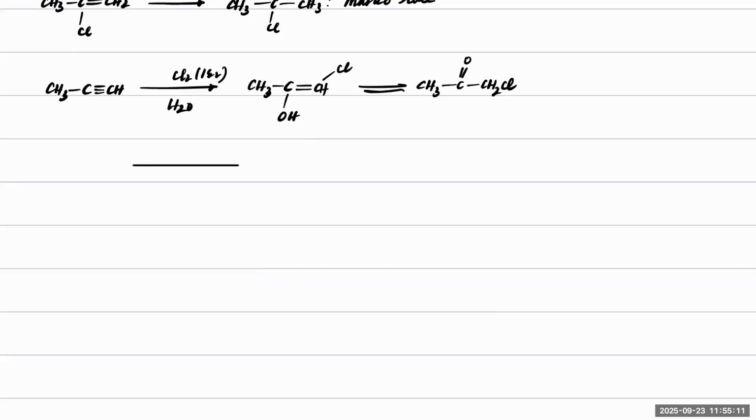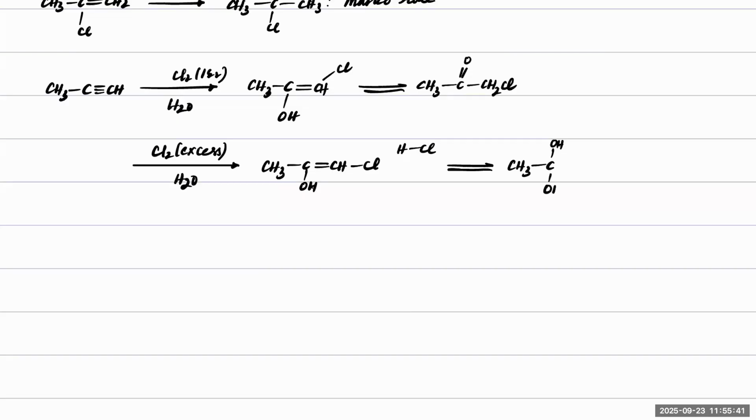If you do it with two equivalents or excess, what do we get? First you will get CH3 C(OH) double bond CHCl. You do one more addition with HCl, and that will finally convert into CH3C with two OH groups.